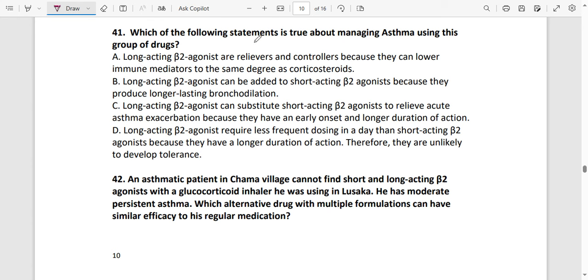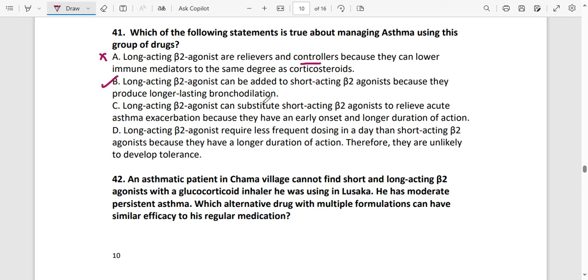Look at A. Long-acting beta-2 agonists are relievers. That's true. And controllers? Now, these guys are not controllers. The controllers are the corticosteroids, which prevent inflammation. So that's not true. B. Long-acting beta-2 agonists can be added to short-acting because they produce longer-lasting bronchodilation. This is true.